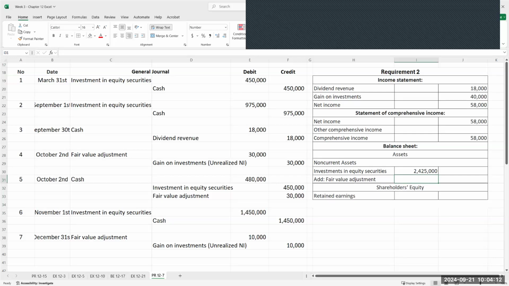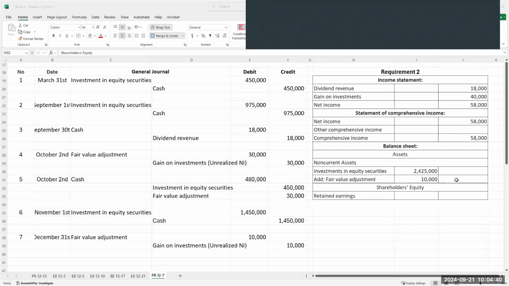2,425,000. Now, the next step is we need to factor in the fair value adjustment, right? So we account for how many times we hit the fair value adjustment. So we had a positive fair value adjustment. We had a decrease to our fair value adjustment. And then we had an increase for the $10,000 to our fair value adjustment. So the ending balance in our fair value adjustment is $10,000.